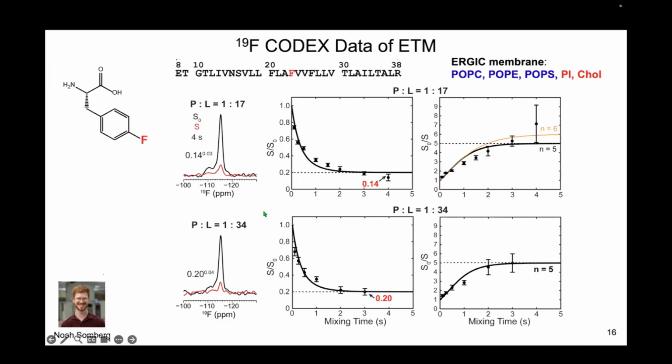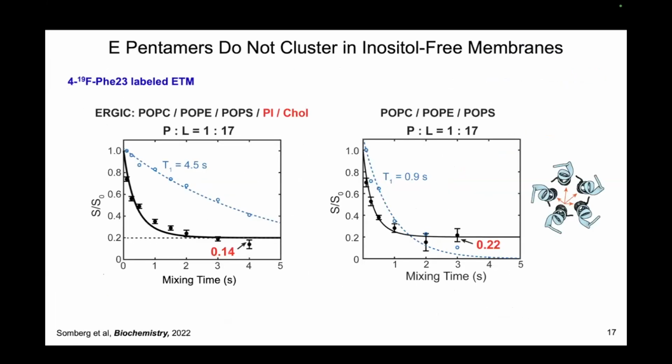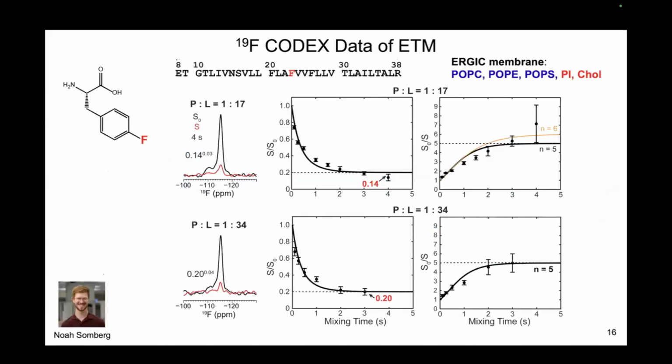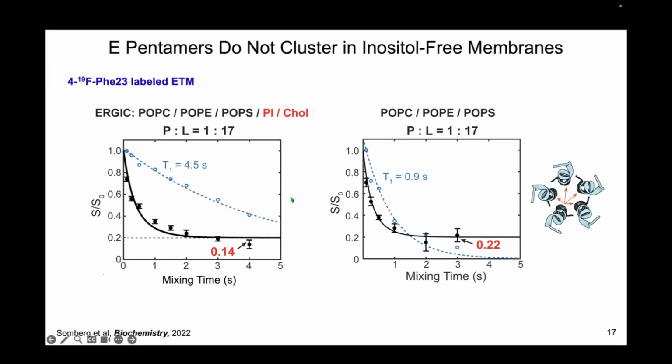So if you have higher concentration, we can see more than the basic unit of pentamer; you basically have additional spins, maybe from 2 pentamers approaching each other. The fact that more than 1 pentamer can approach each other in this ERGIC-mimetic membrane is interesting. We decided to sort out which lipid might be responsible for that.